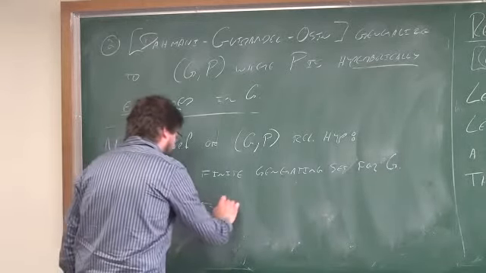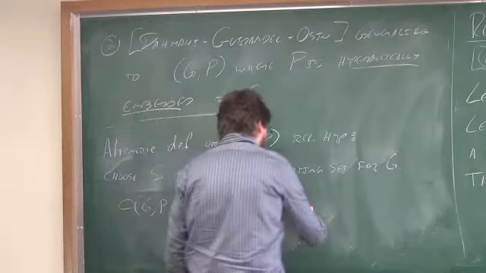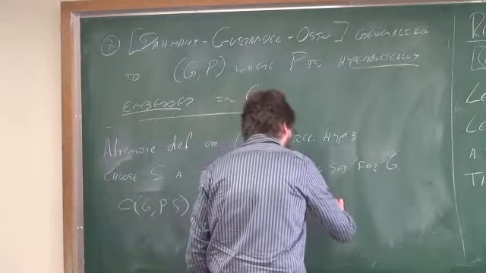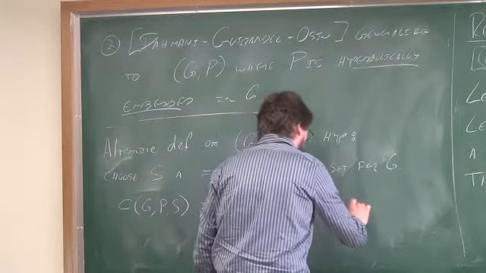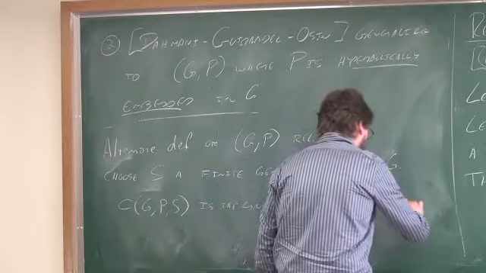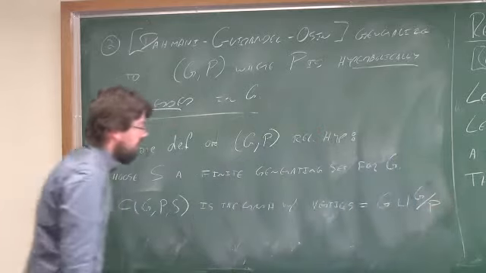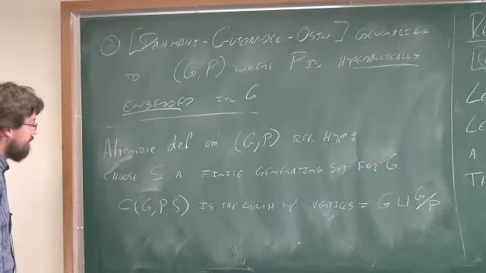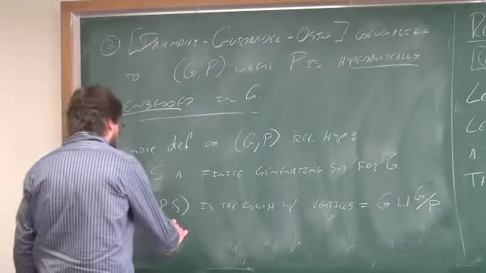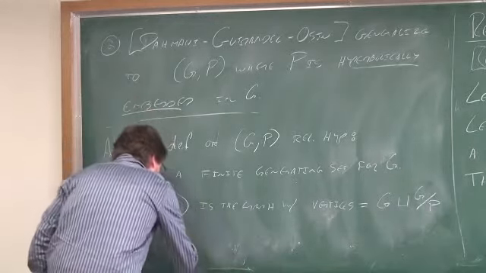It's the graph with a vertex set equal to G disjoint union left cosets of P, and then two types of edges.